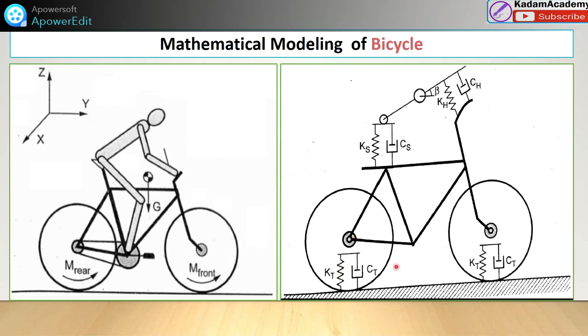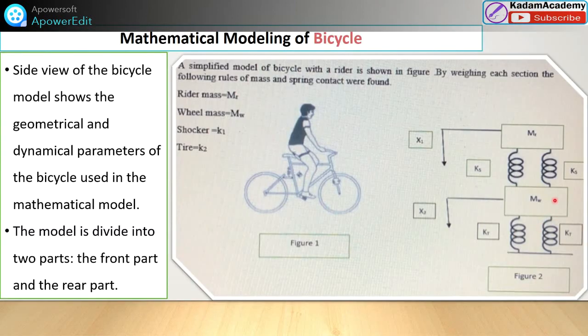So the handlebar arm, the sitting arrangement, and the tire and wheel for front and rear are considered and modeled with a diagram like this.